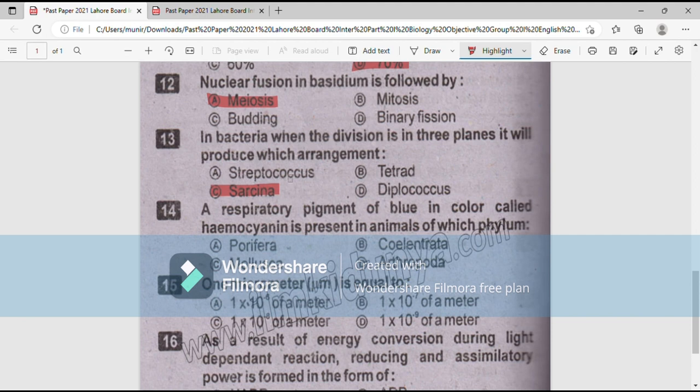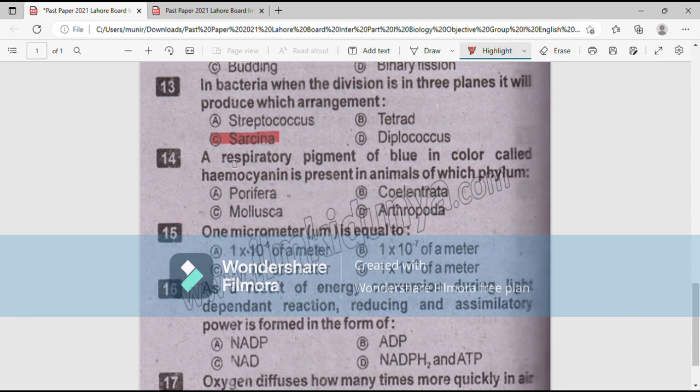Streptococcus is simply a single chain of bacteria, formed by single division. Tetrad is formed by double division and consists of a total of 4 cells. Diplococcus, as the name shows, consists of 2 cells. So the correct option will be option C.